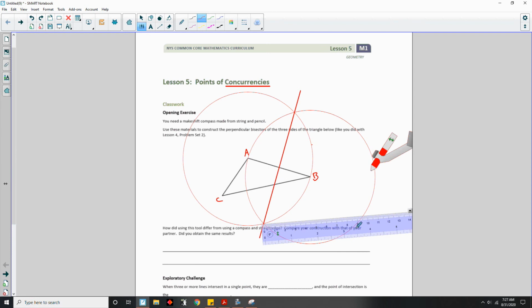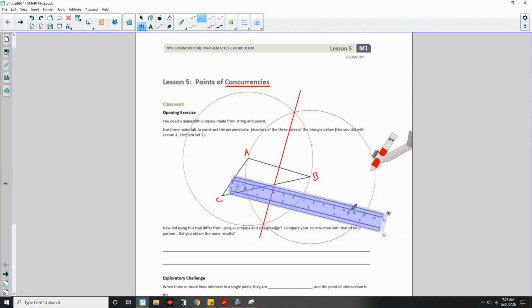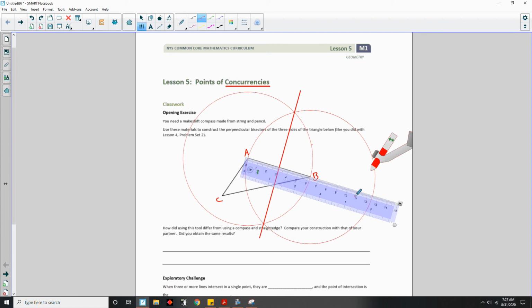Okay, so if I measure this now, so I put my ruler right at A, and I measure to my perpendicular bisector, it is 3.1 centimeters or 31 millimeters, and the full length is 6.2 or 62 millimeters. So that's half, and that's half. So there's my perpendicular bisector. We need to do that for all three sides.